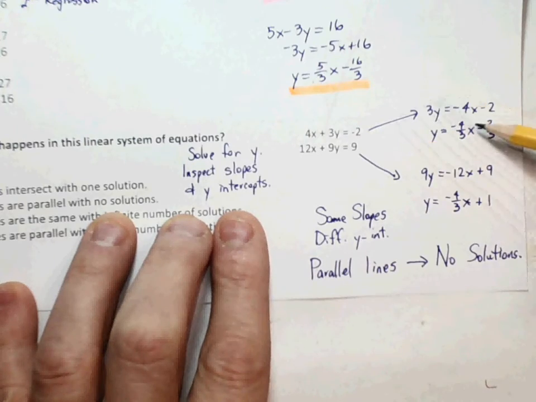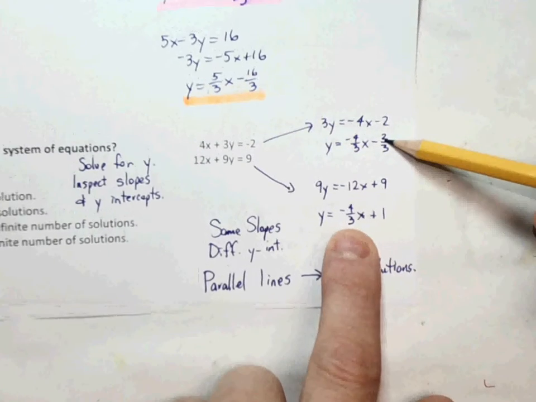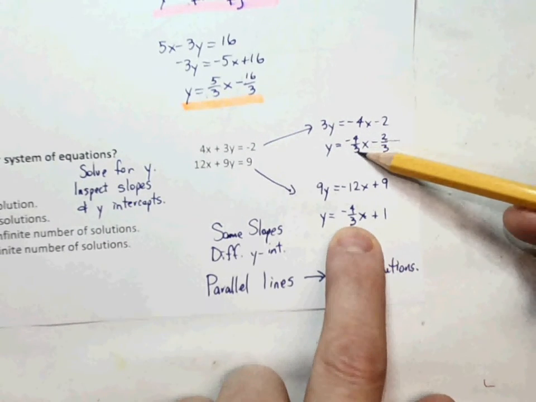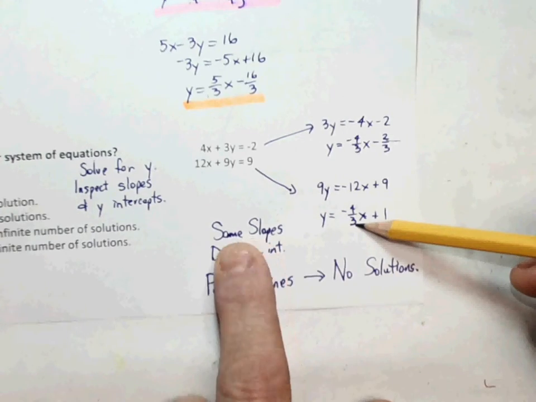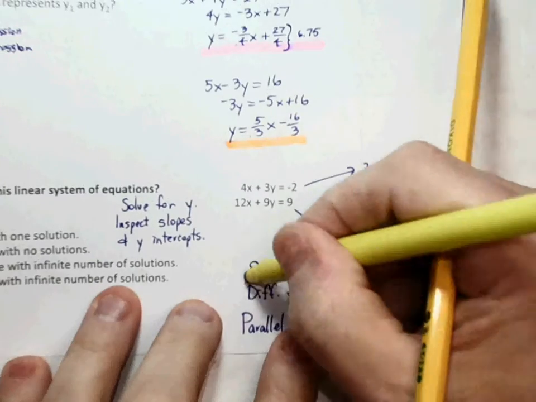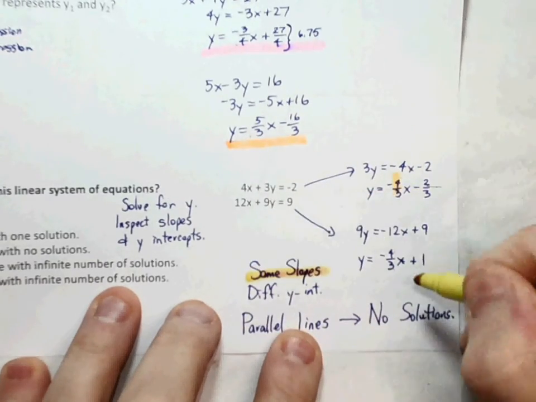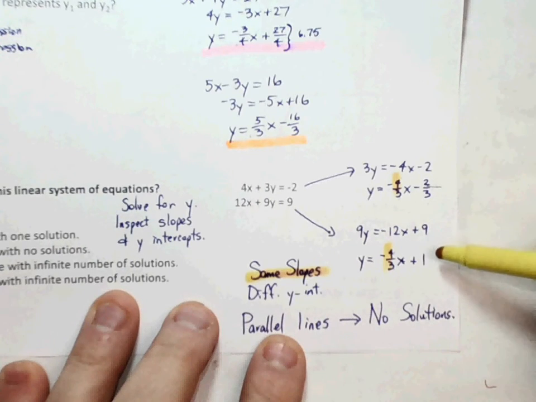So if we solve for y over here, we get this guy right here and this guy right here. What do I notice about the slopes? Slopes are the same. Same slope, -4/3, -4/3. Okay? What about my y-intercepts?